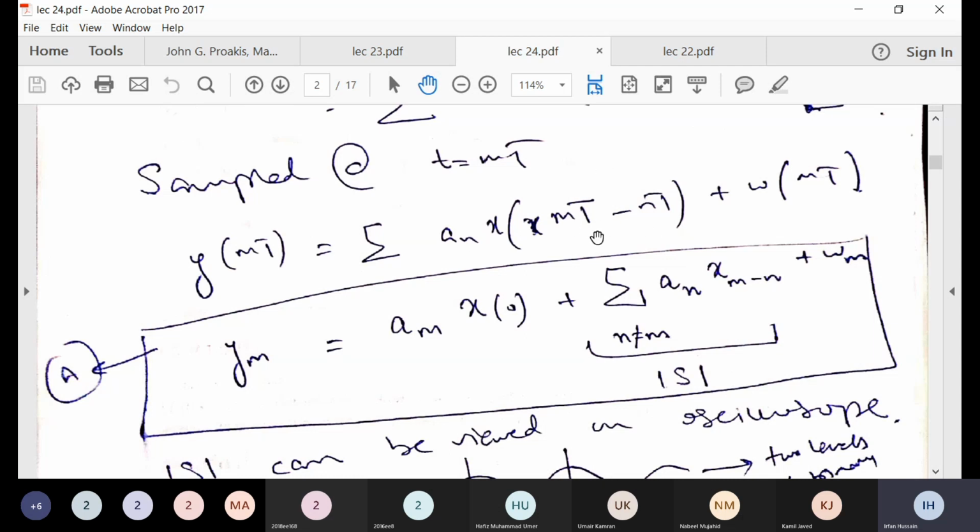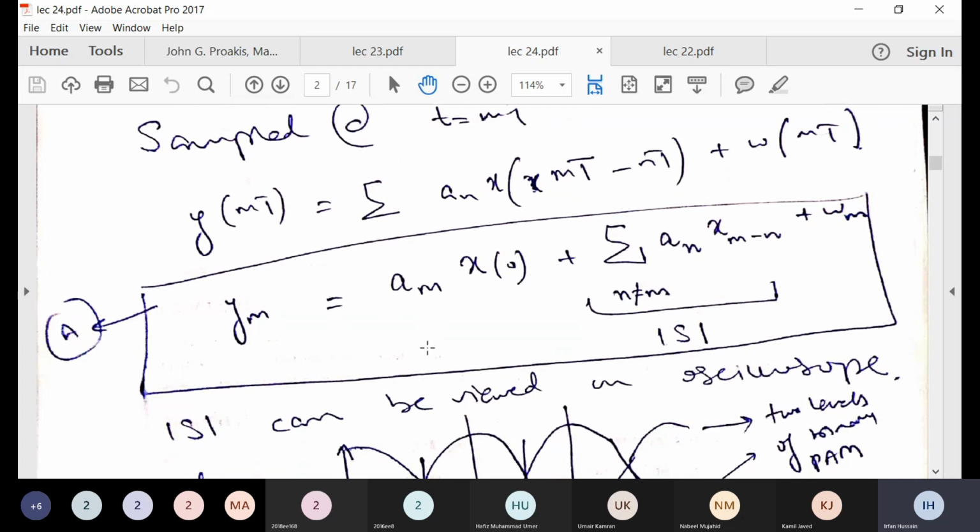This will be x(0). On all other symbols, m and n, m minus n, they will cause ISI because y_m comes out of a_m. This we have already seen previously.